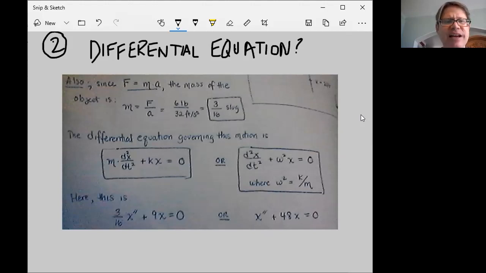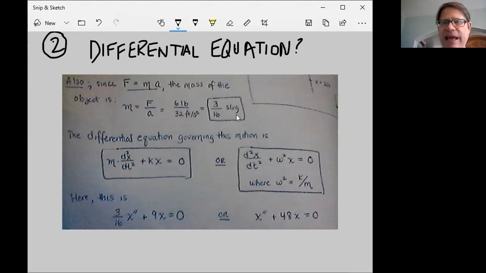And so the mass is actually the weight divided by acceleration due to gravity. So here that's going to be 6 divided by 32, or 3/16. In English units, we refer to this pounds times seconds squared divided by feet as a slug. So we have 3/16 of a slug as the mass of that object that's attached to the spring.